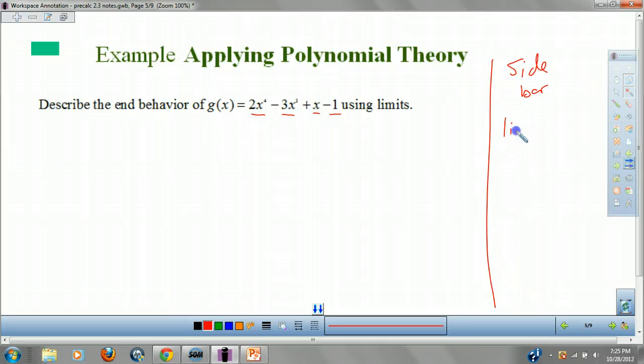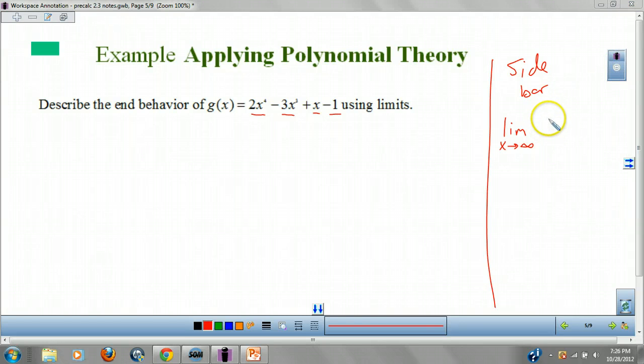Now, whenever you see this, the limit as x approaches infinity of some function, I can put in 2x to the fourth minus 3x cubed plus x minus 1.